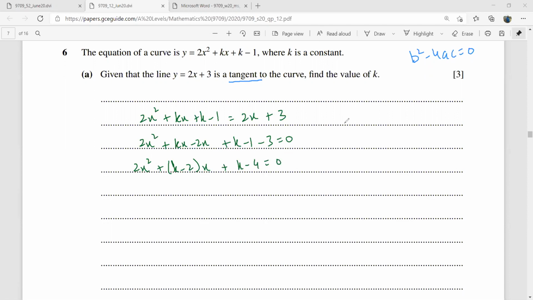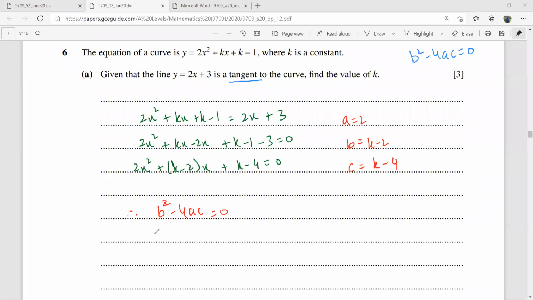So A is 2, B is k minus 2, and C is k minus 4. Therefore, according to the given conditions, we are bound to put b square minus 4ac equal to 0, and this will help you to find the value of k.